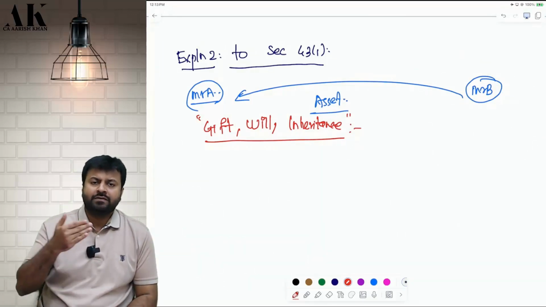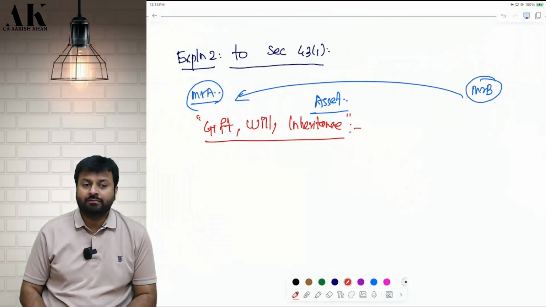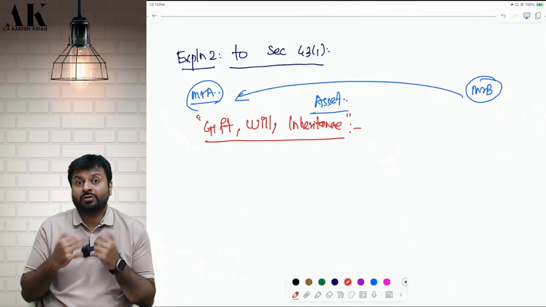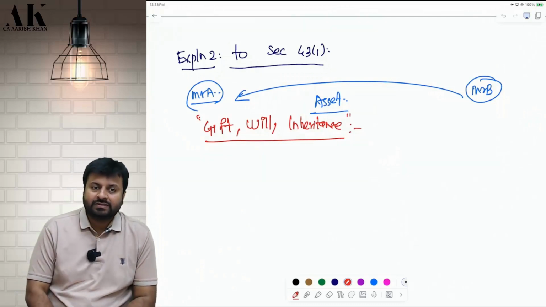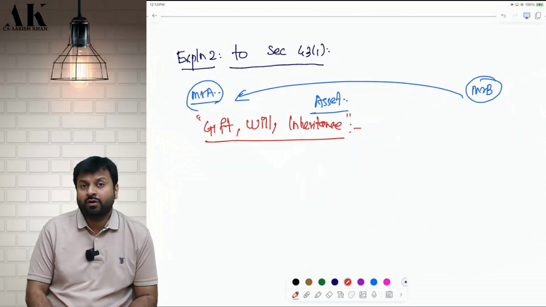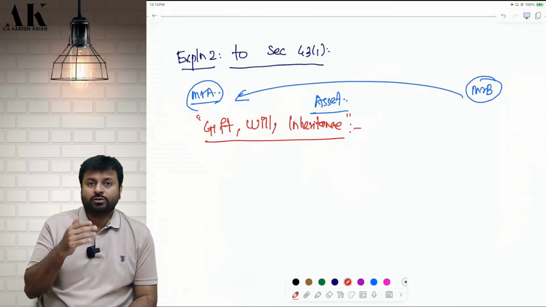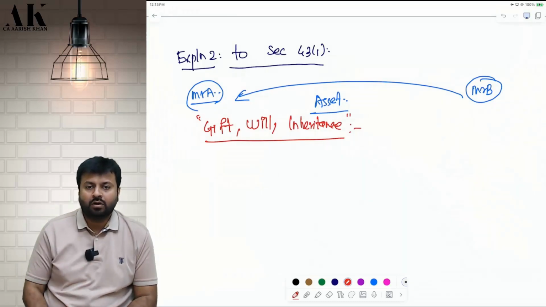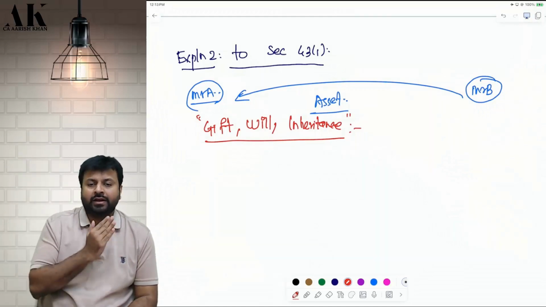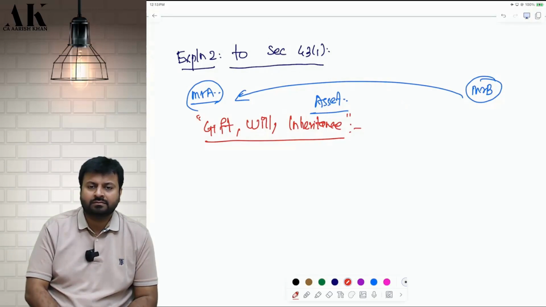If somebody has gifted you plant and machinery, furniture, computer, building, then what will be your actual cost? If somebody has gifted you some other assets which are depreciable, then what will be your actual cost? If somebody has given you something through a will, or in inheritance, your parents have given you something, ancestral property you have got, then what is actual cost?